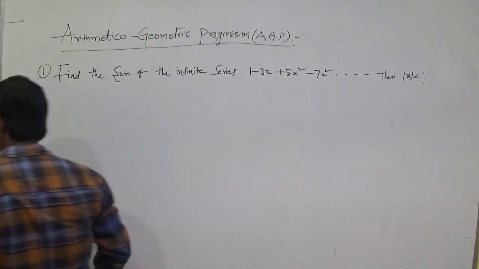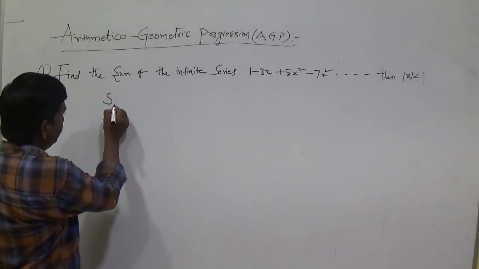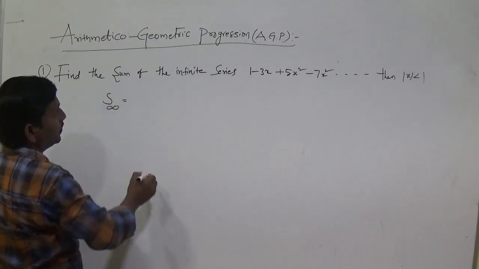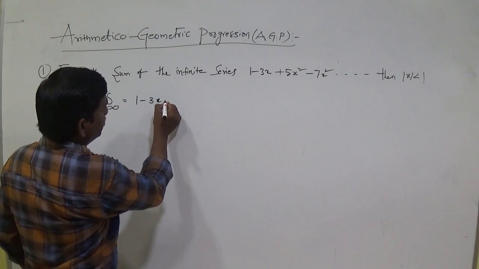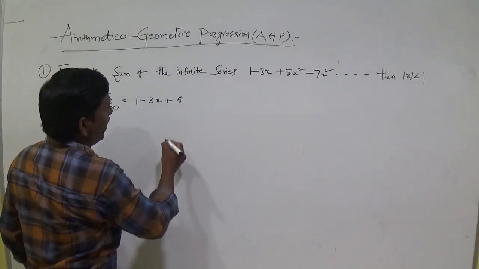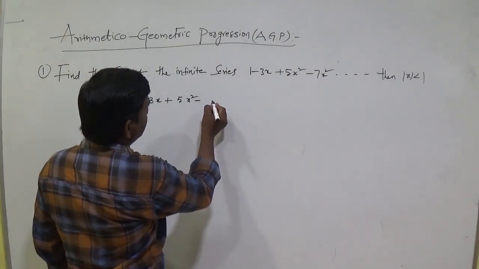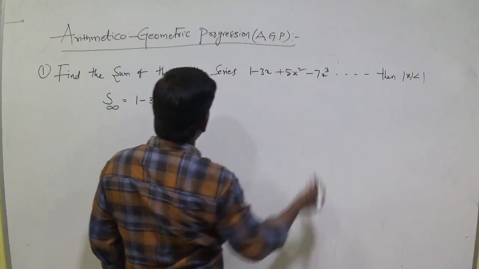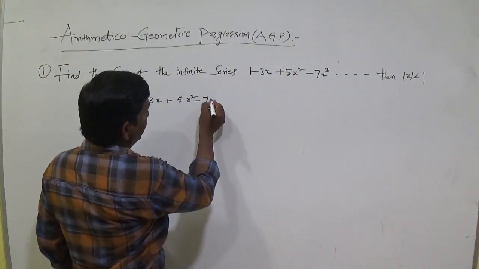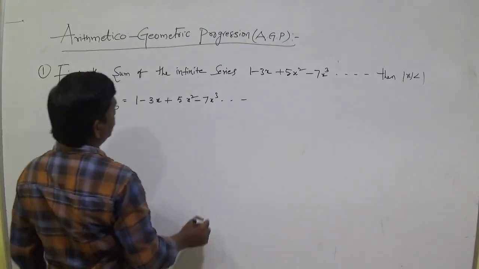So write S infinity equal to 1 minus 3x plus 5x square minus 7x cube, and so on to infinity.